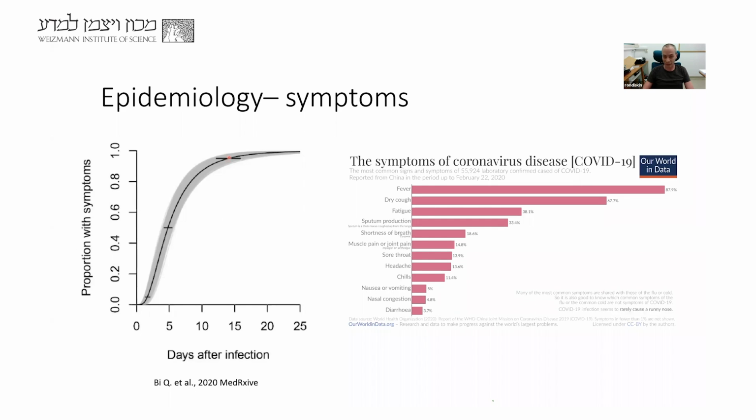Now, how do people know that they are actually infected? We can look at the symptoms that this virus is causing. So the highest percentage is shown here. Most of the people develop fever, and they also develop a dry cough. And those are the most prevalent symptoms.